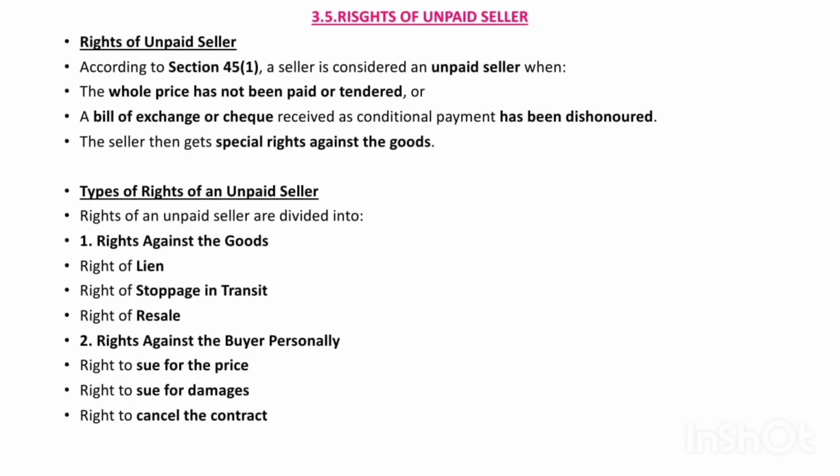Tendered here means the buyer offered payment but the seller refused. So even if the buyer is ready with cash, if the seller didn't take it, the seller is still unpaid. Second, a bill of exchange or check received as conditional payment has been dishonored. So if the buyer's check is dishonored, the seller becomes unpaid even if he physically got the check.